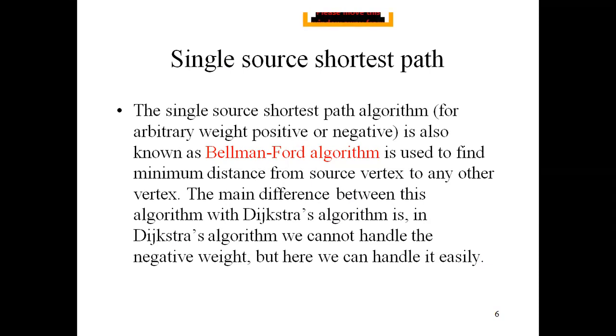Dijkstra's algorithm cannot handle negative edge weights, like -5, -2 and so on. For negative weights, we cannot handle them, whereas the Bellman-Ford algorithm can handle the negative weights.